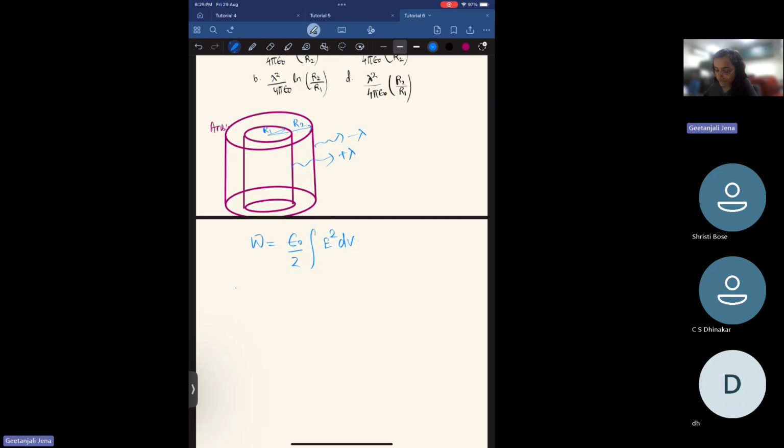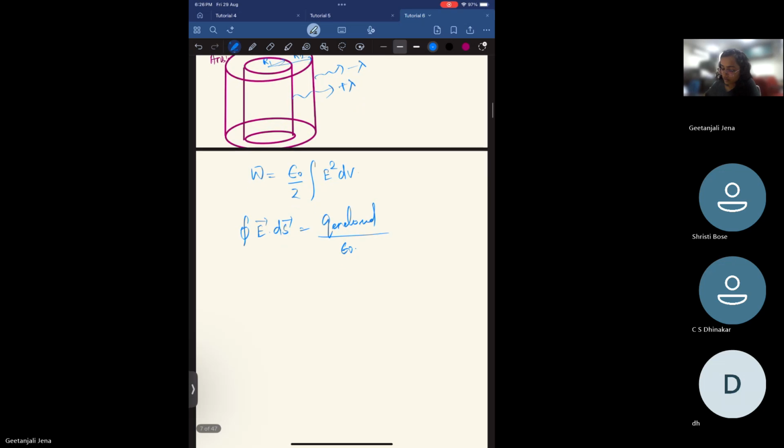So to find out the electric field, you can see it's a symmetric charge distribution. We can use Gauss law, E dot dS equals Q enclosed by epsilon. So when R is less than R1, what will be the charge enclosed? It is 0, right? So charge is distributed at the surface.